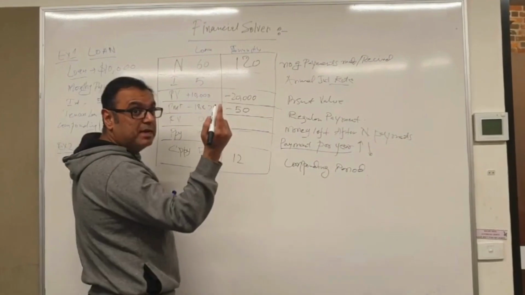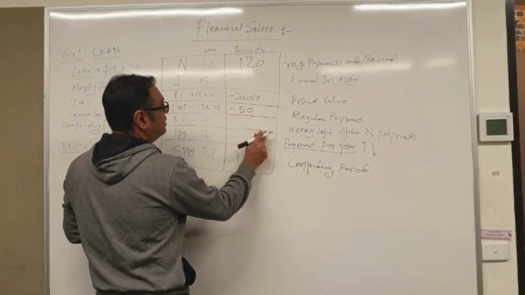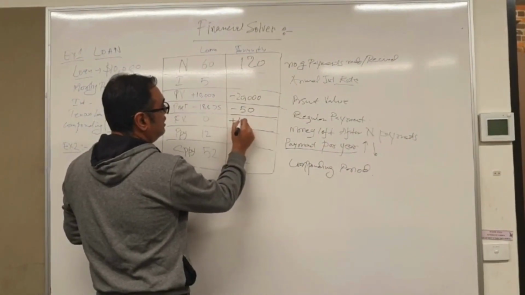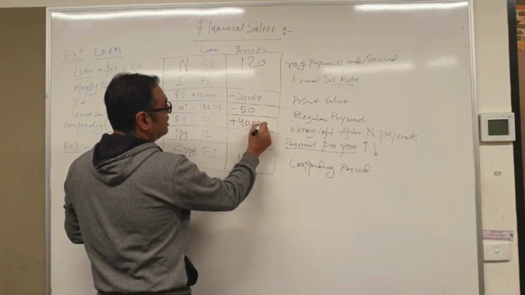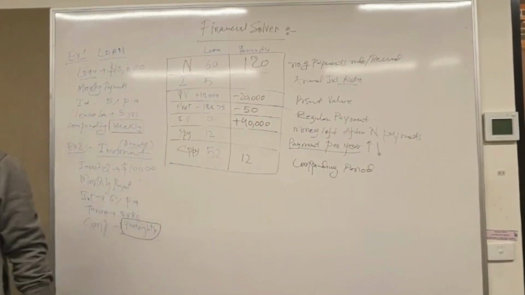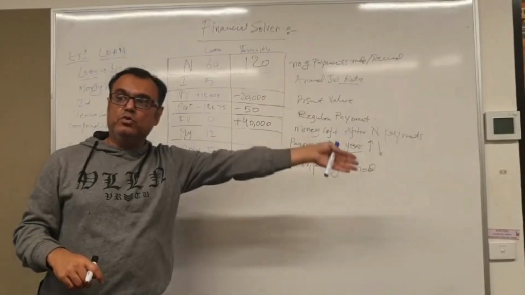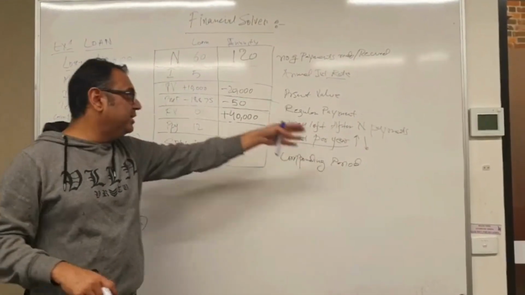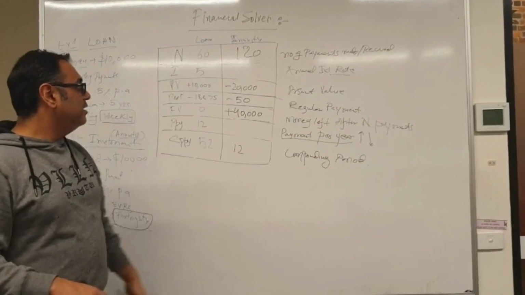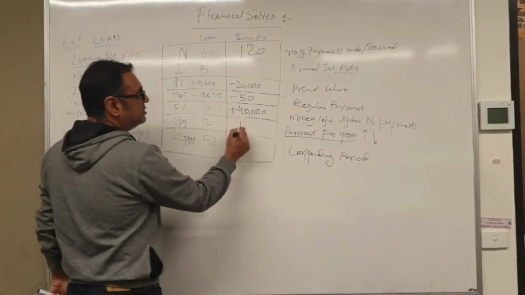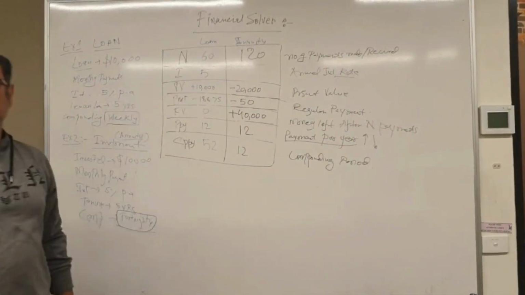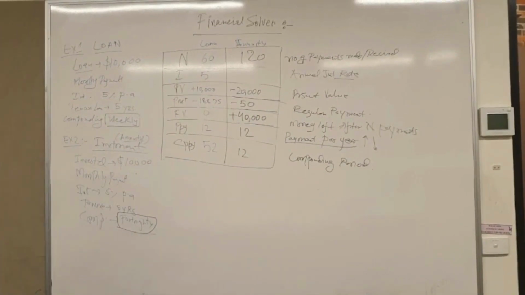So this is where it becomes tricky, Michelle. So she receives positive 40,000. This is where FV is the future value of your money, and payments per year is 12 because she's doing monthly payments.